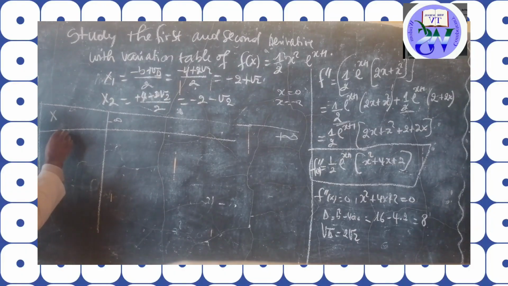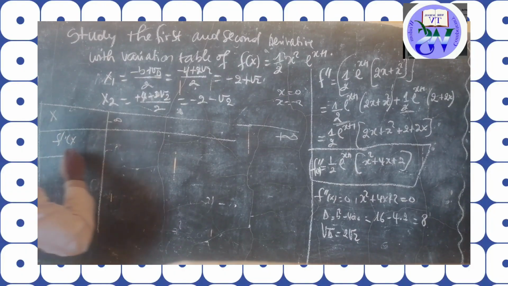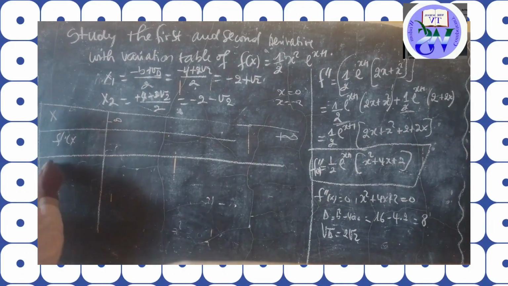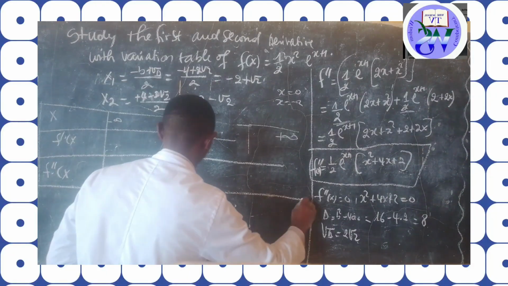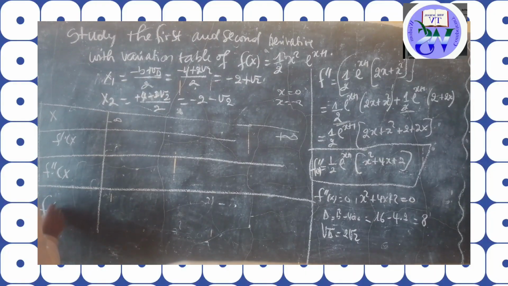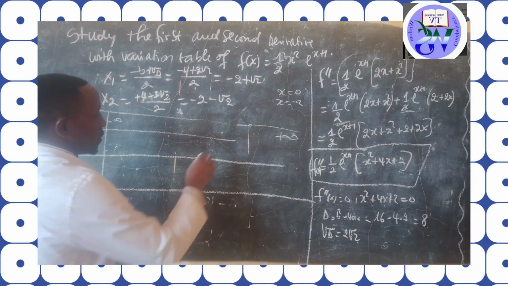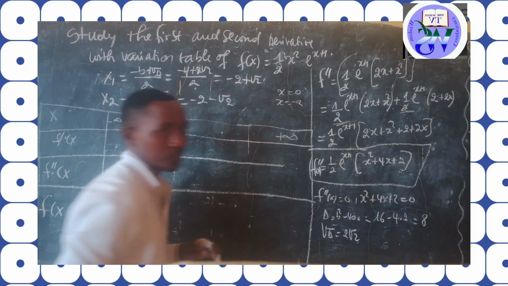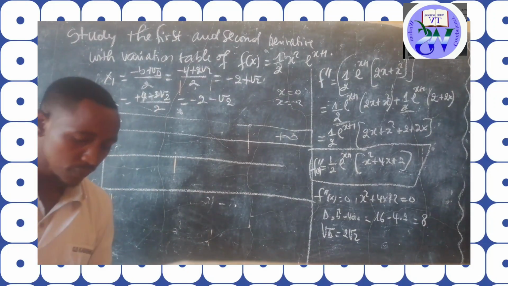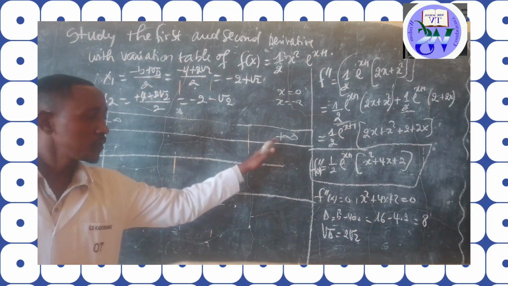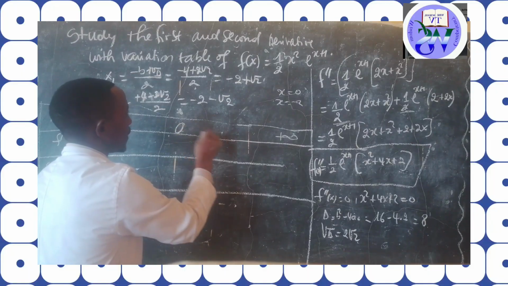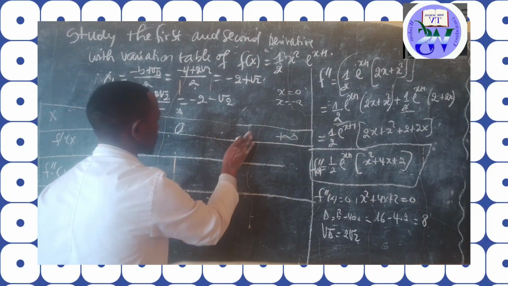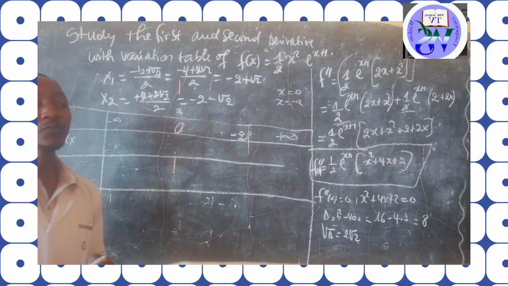So here there is f derivative of x, f second derivative of x, then here is the f of x or conclusion. So then according to that, here there is minus infinity and plus infinity. The roots obtained for the first derivative are 0 and minus 2.